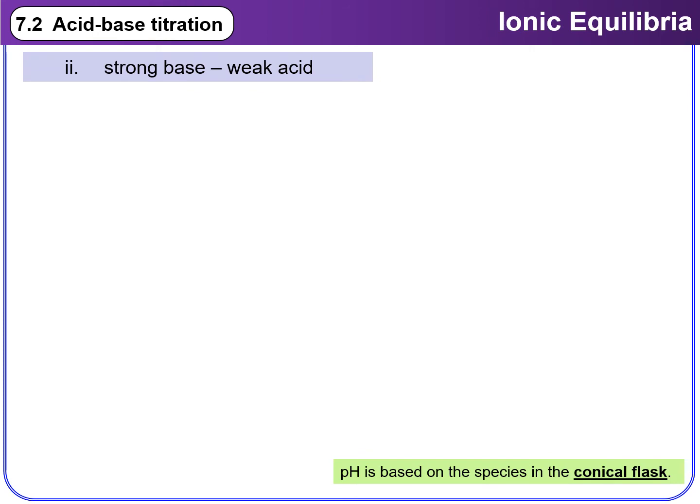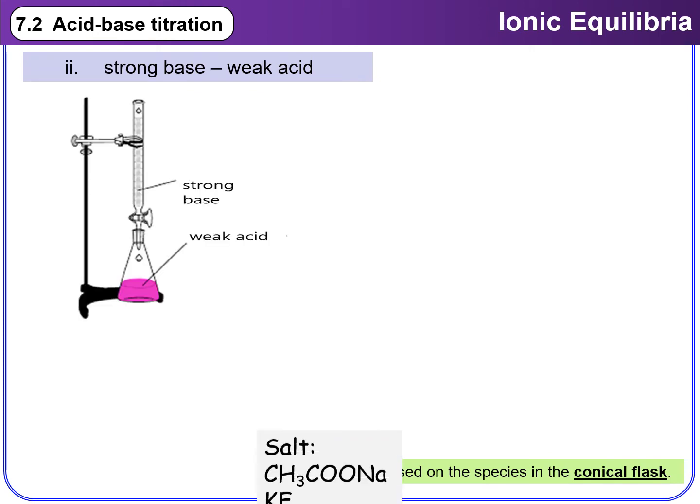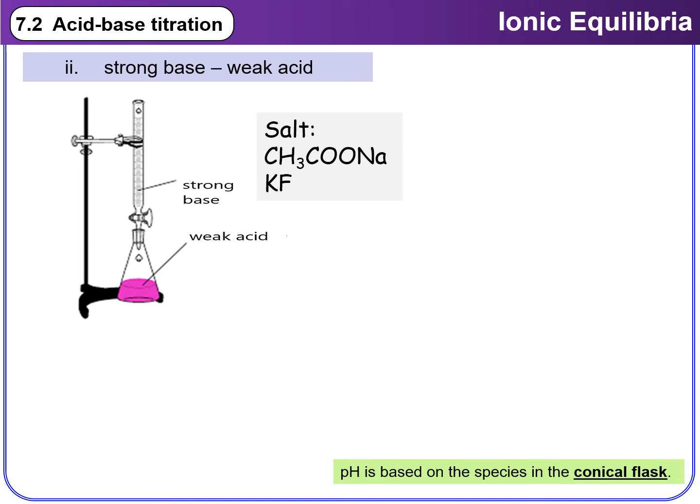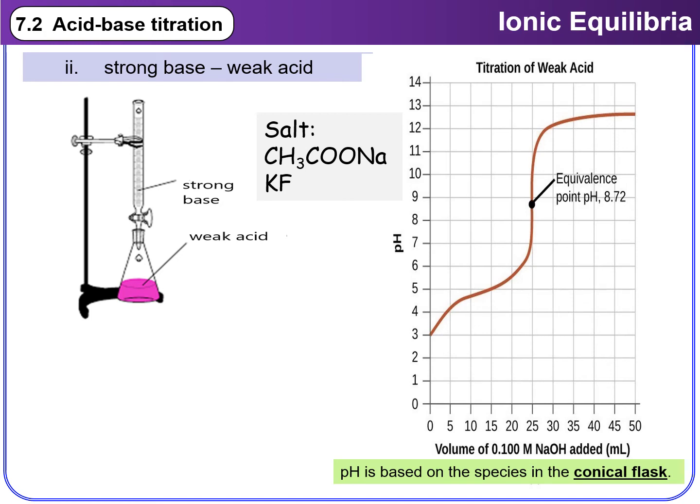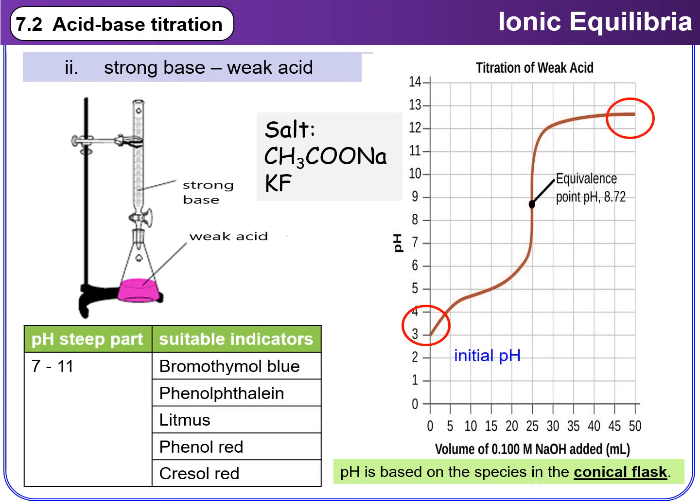For the reaction of strong base and weak acid, the salt produced is a basic salt. So the initial pH is the pH of a weak acid, and the final pH is the pH of excess strong base, which is around 12.